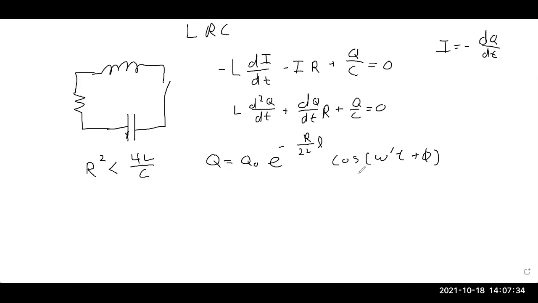So more complicated. Big picture, what this is doing is we've got a cosine multiplied by a decaying exponential. That decaying exponential puts an envelope, if you will. It sets a maximal value for what this function can be.